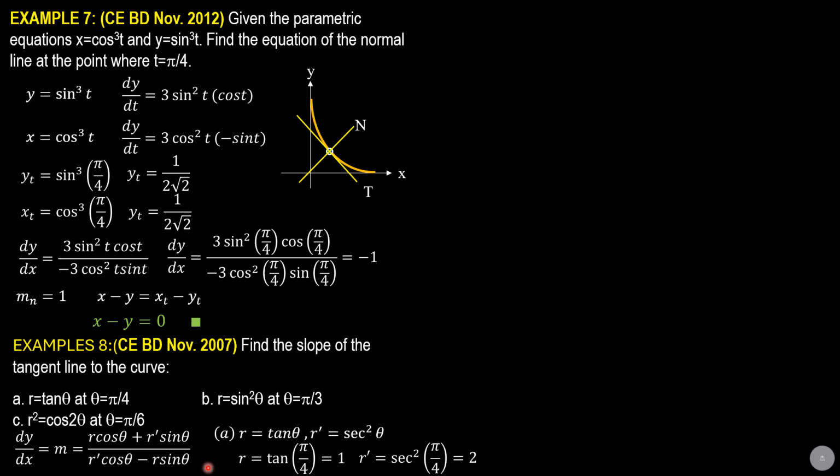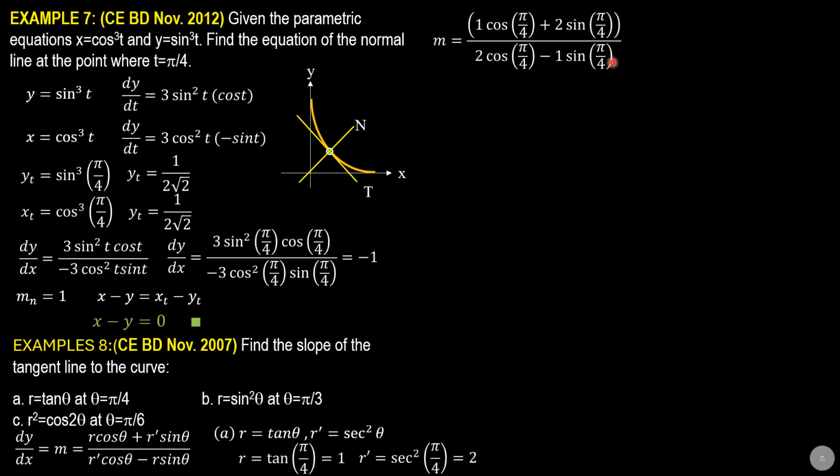We then substitute into the formula for the value of dy/dx, m. So r, 1, cosine of pi over 4 plus r prime, 2, sine of pi over 4, all over r prime, 2, cosine of pi over 4 minus r, 1, sine of pi over 4.